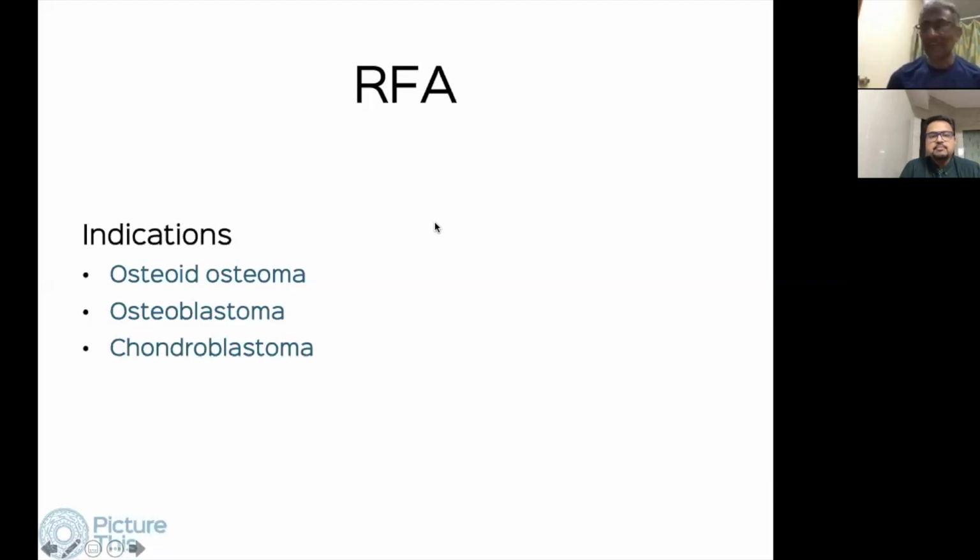The advantage of RFA is that the moment you do the RFA, the patient is up and running within 4 hours, and from the next day, the patient resumes their normal activities. If it's lower limb, we just tell them to avoid high impact activities for about a month. But young kids don't even follow that and nothing really happens. If it's upper limb, non-weight bearing, then there is no other precaution to be taken as well.